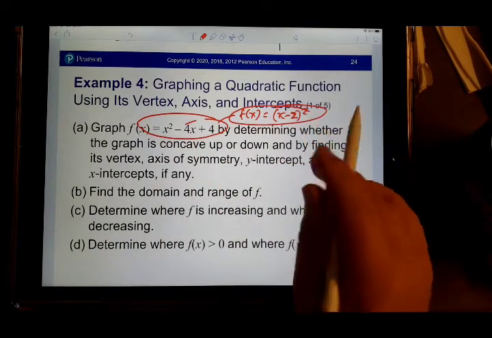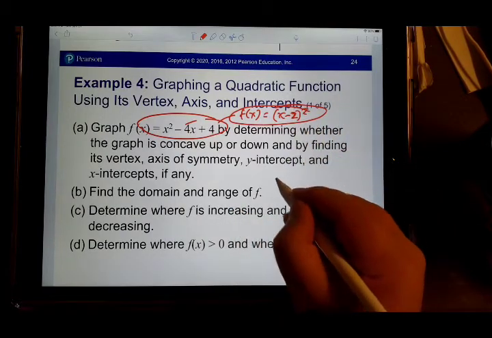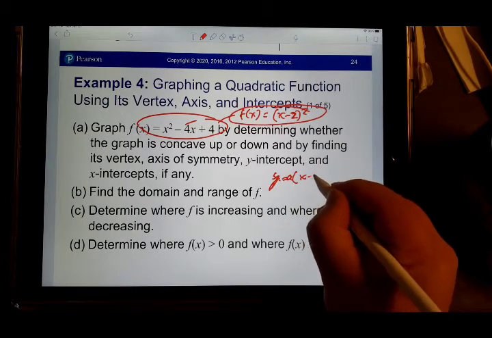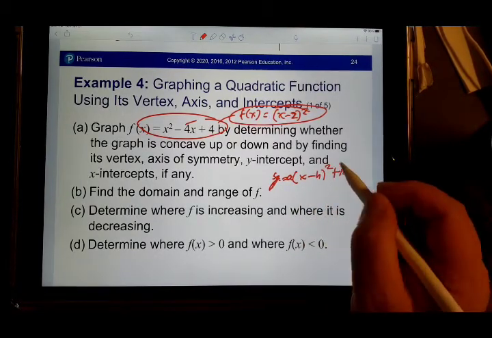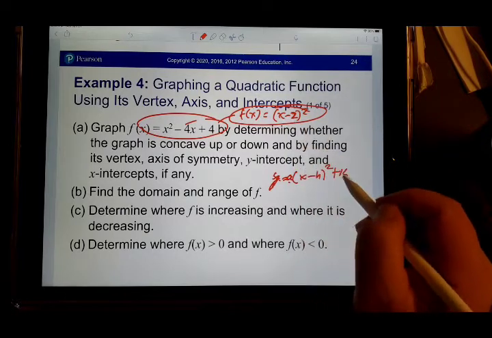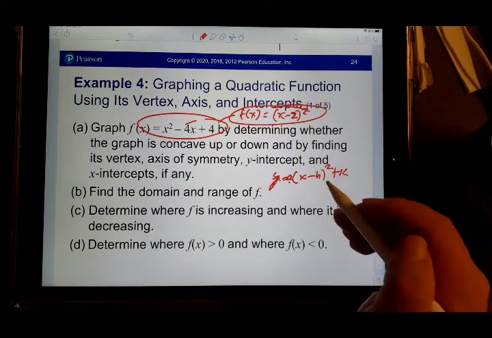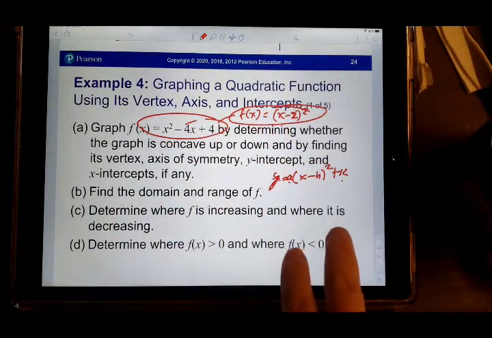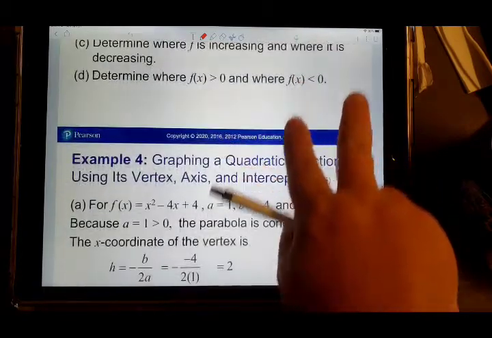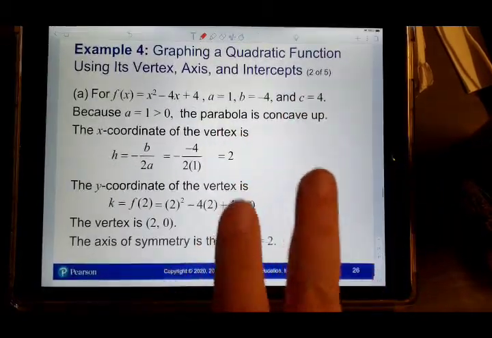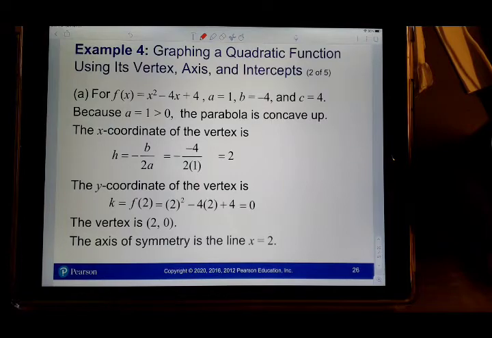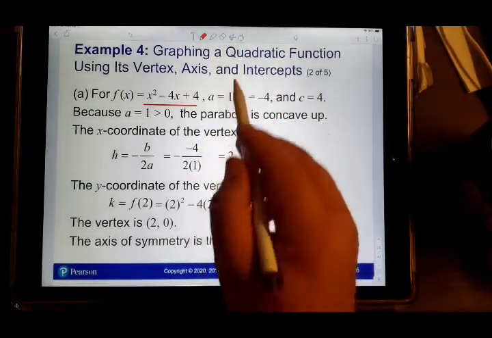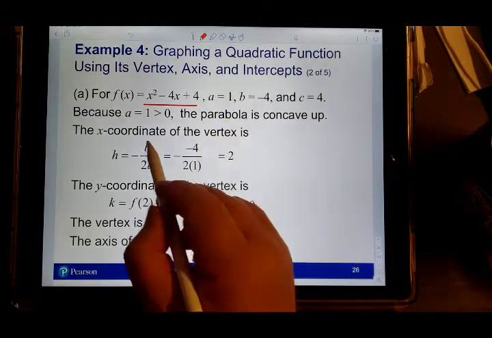If I match that up, which I'll do a bit later, with the formula y equals a(x minus h) squared plus k, the a will reveal itself, the h will reveal itself, and even the k will reveal itself from just knowing how to factor this. But the book did the whole analysis, and instead of taking advantage of completing the square, takes this same problem, as we're going to, and does the formula.